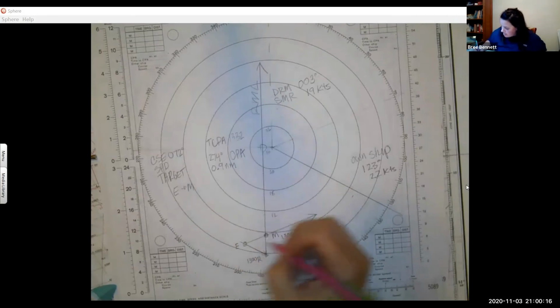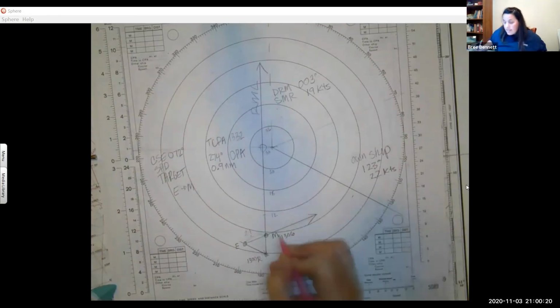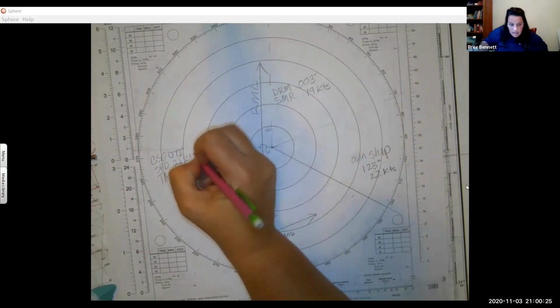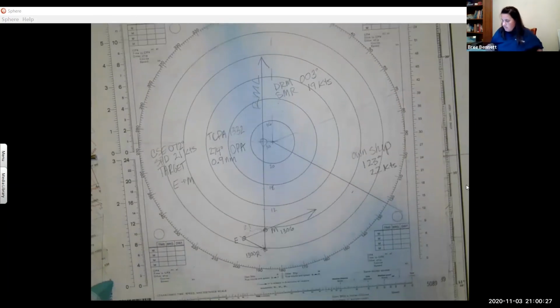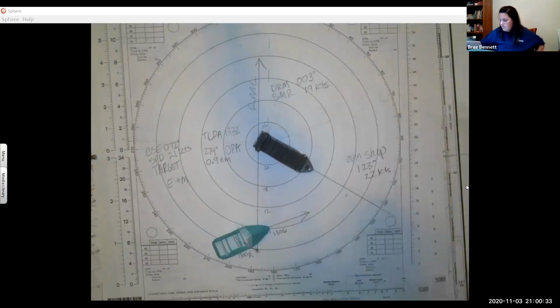So if that distance is 2.1, in 6 minutes, their speed is 21 knots. So that's them, and this is us.